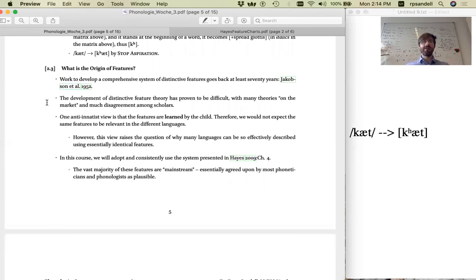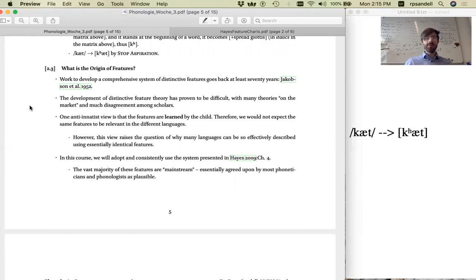However, over the course of the past 70 years, developing a distinctive feature system and an overall theory of distinctive features has been somewhat difficult, and there remains some degree of disagreement between scholars, and there are different versions. In virtually any introductory textbook on phonology, you will find some amount of divergence in terms of features.